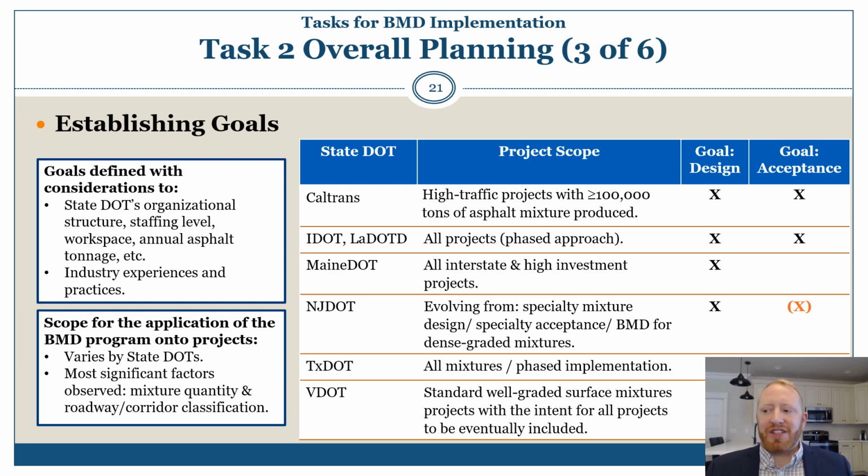Whereas other agencies said, our goal is just design right now, or it's just this category of work, often the highest priority work. So having those goals, what we like to say is, what does BMD look like if it's implemented in a couple of years? What does it look like in your situation?